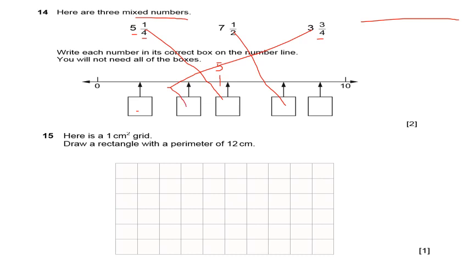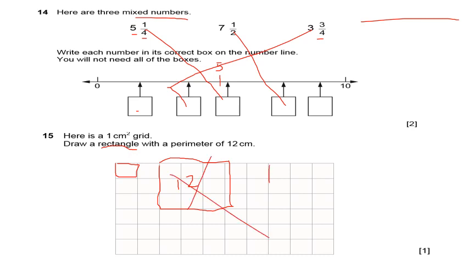Here is a 1 centimeter grid, meaning that each of these squares is 1 square centimeter. Draw a rectangle with a perimeter of 12. Important, rectangle, because if you draw a 3 by 3 by 3 by 3, this is a perimeter of 12, but it's a square, so this is wrong.